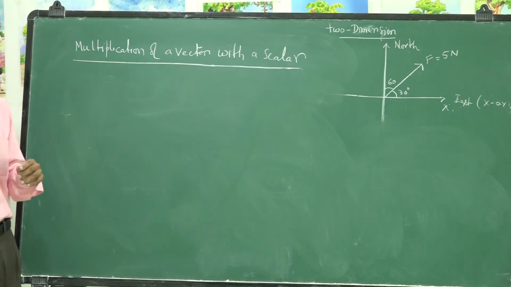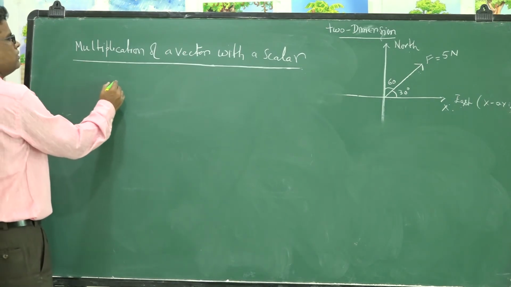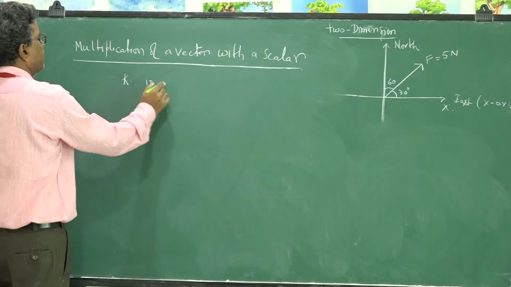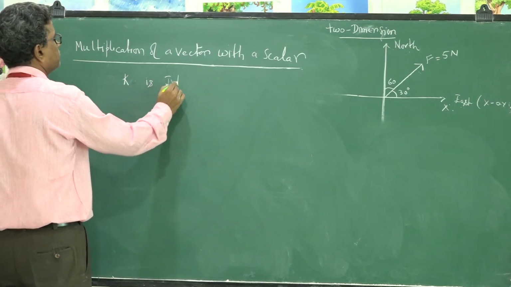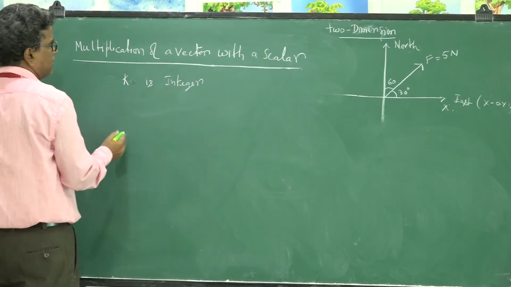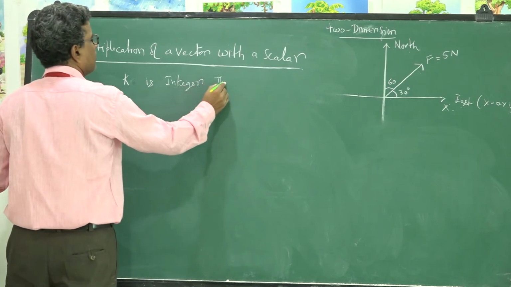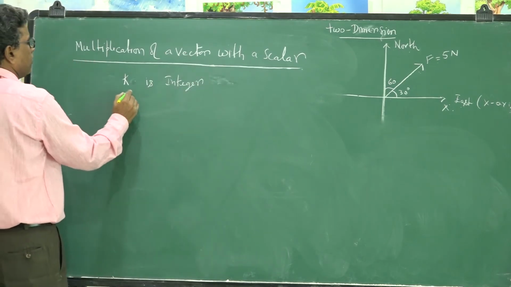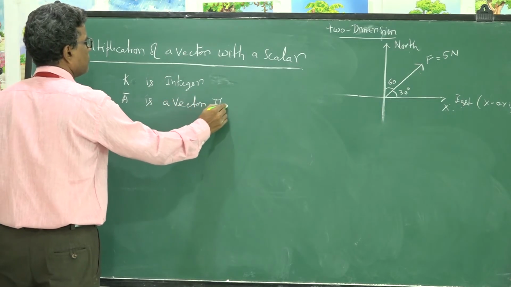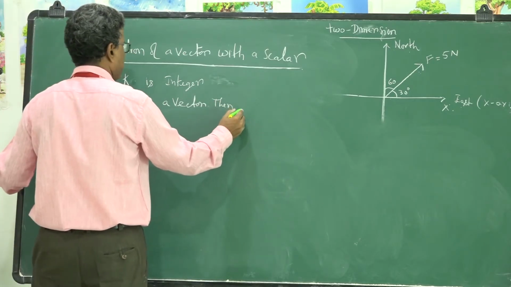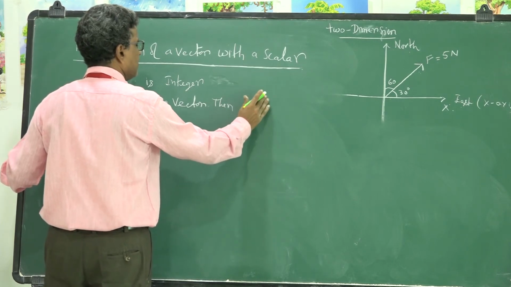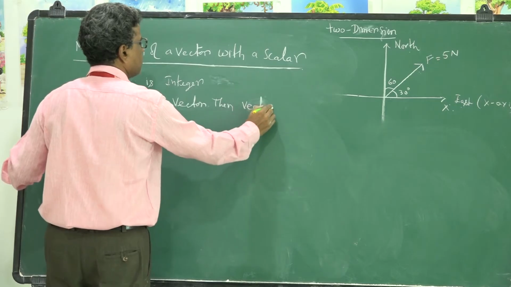Say let k be a number, any integer, and a bar is a vector. Then the vector k a bar.